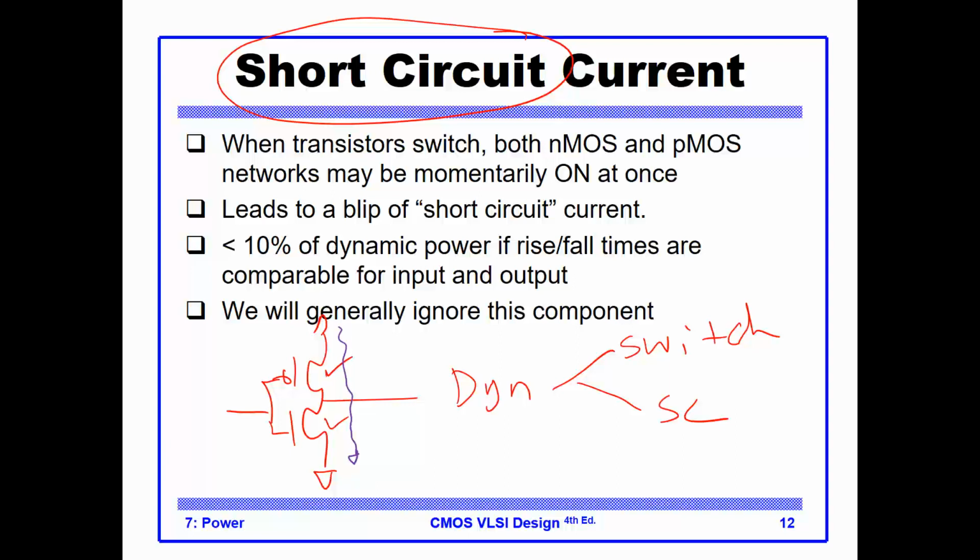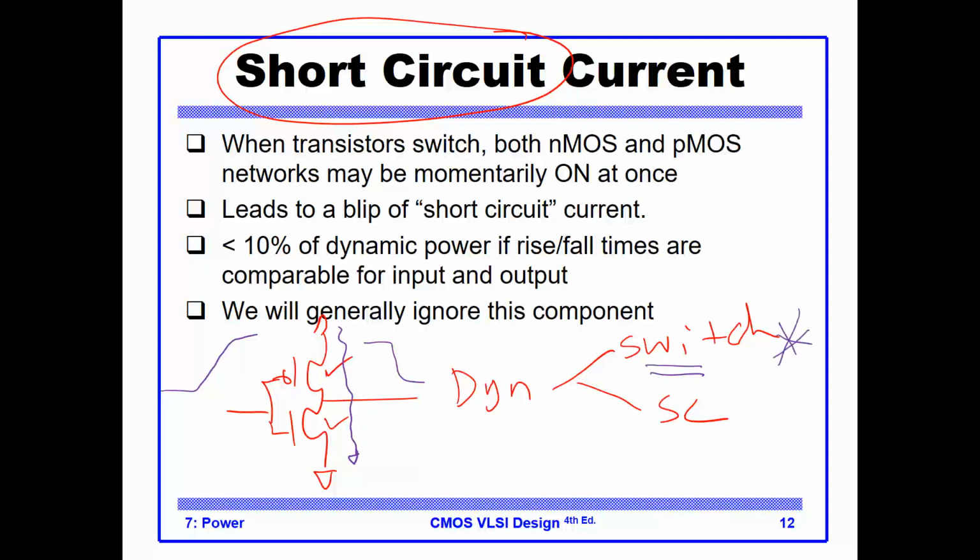Typically, this is really ignored in the systems because yes, it is there, but we are doing a very good job at having sharp input and sharp output, or let's say rise and fall times for all the nodes. And so this type of power drainage is ignored compared to switching power.